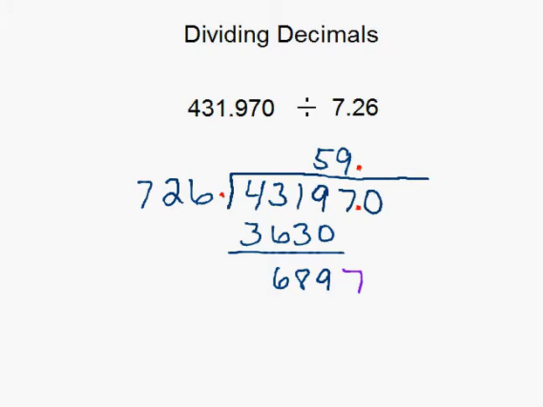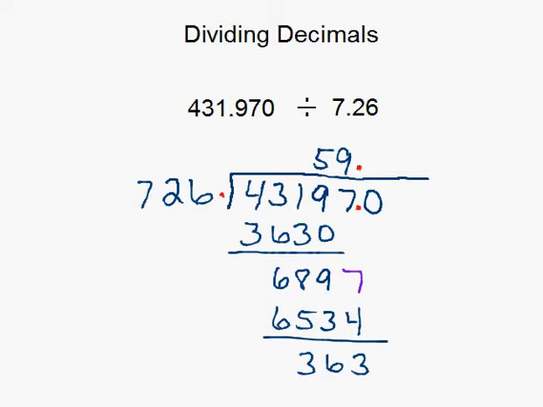And 726 times 9 is 6,534. Okay? So let's subtract. 6,897 minus 6,534 is 363.